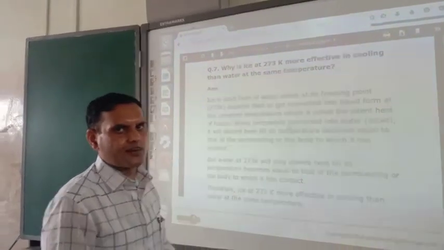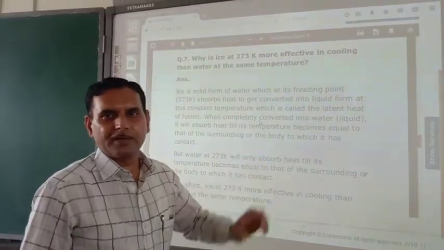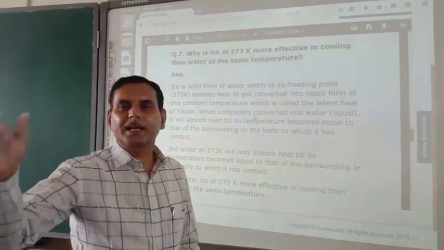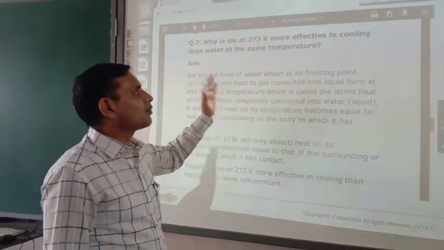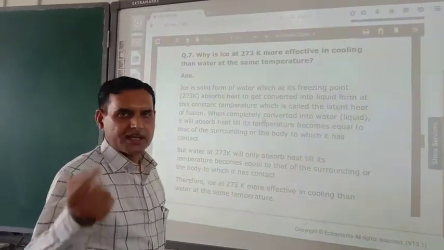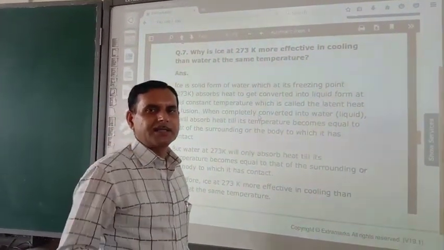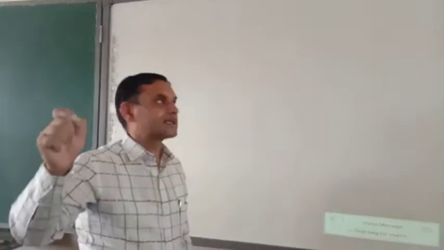Just try to understand. What is the temperature here? 273 Kelvin. At that temperature, ice is a better cooling agent than water. Simple. Just see. The freezing point of water is 0 degree Celsius.